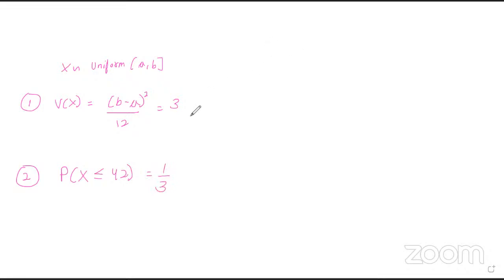Let's start with the first equation. So I can write it as (b minus a) whole squared equal to 36, 3 times 12, right? And if I take the square root on both sides, it would be b minus a equal to plus or minus 6.